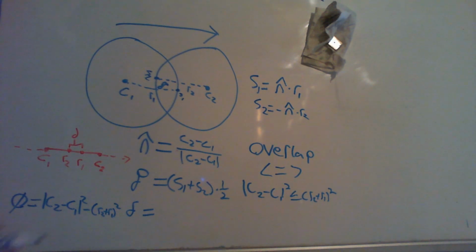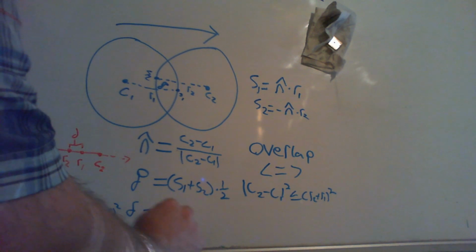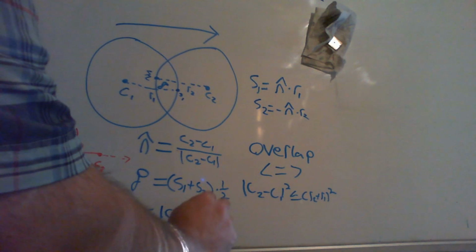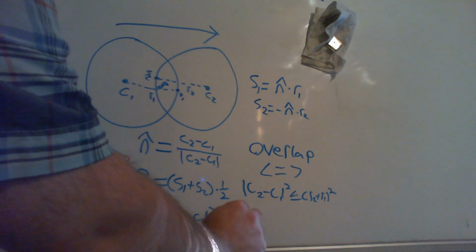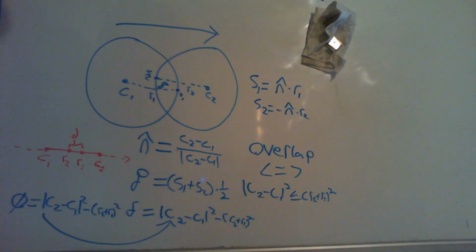But because we know that we've entered violation territory, D may be equal to 0, but it's going to be variable. So for the time being, we just solve for D by plugging in that equation, and we say D is simply C2 minus C1 squared minus R2 plus R1 squared. And this will actually be the basis for almost all of the overlap functions coming up.